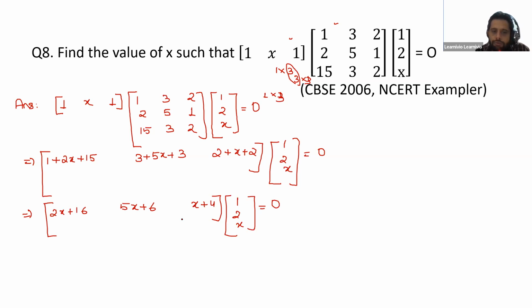Now first row, first column. Now can you multiply this? Can you solve this, Uddhav? Okay, very good. Please solve this one and share your answer. And still, if anyone has a doubt, then please let me know.